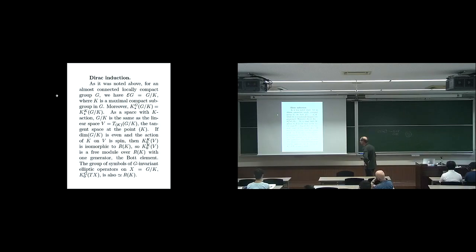This is isomorphic to R of K. So the left-hand side of the Baum-Connes conjecture is just R of K, the representation ring of the maximal compact subgroup. This group, the K0 of G mod K, is generated by the one Bott element times any representation of K.